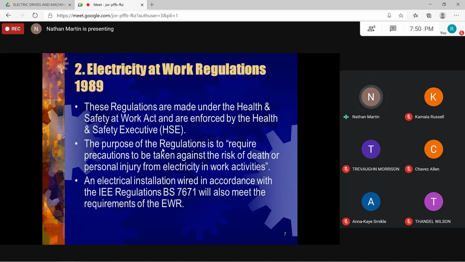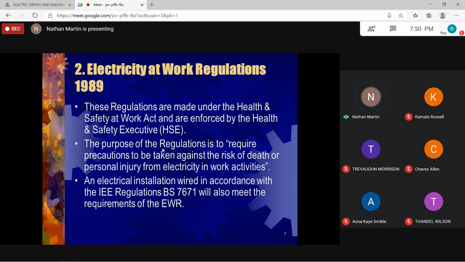So what they are saying is that once you follow these regulations, whether it be the JS 21, the NEC, the National Electrical Code of America and Canada, or the IEE regulations, it will meet the EWR, the Electricity at Work regulation.